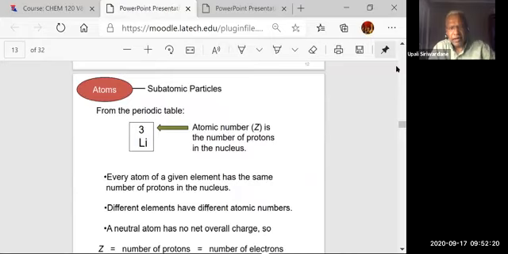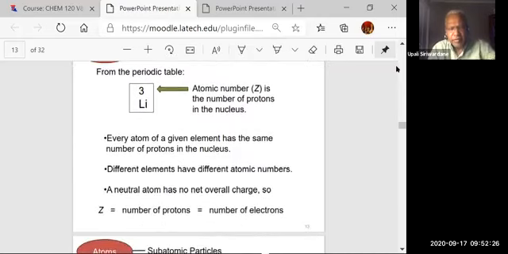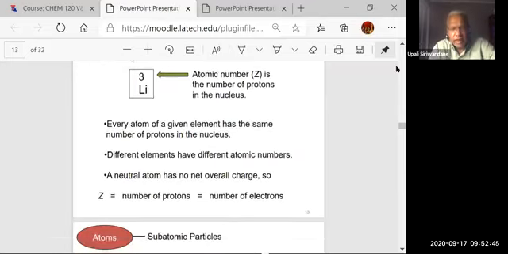Now in the periodic table, you can get information about subatomic particles. Looking at a box in the periodic table, you can see there's a number on the top, which is the atomic number, the number of protons in the nucleus. Every atom of an element has the same number of protons. That's one characteristic of an atom.